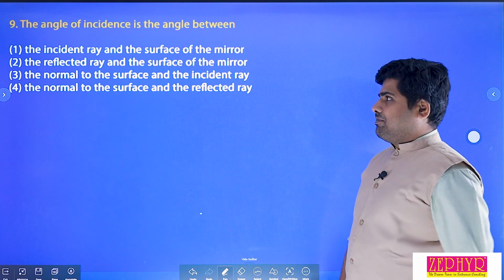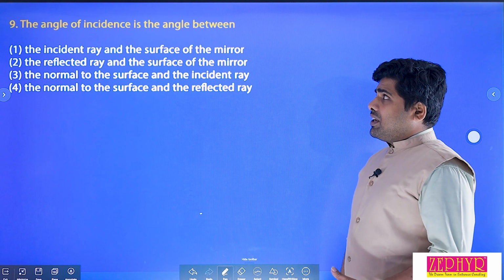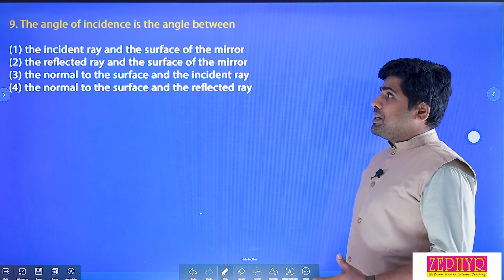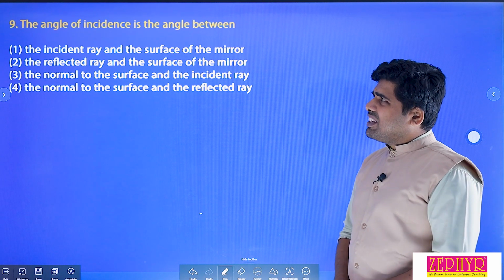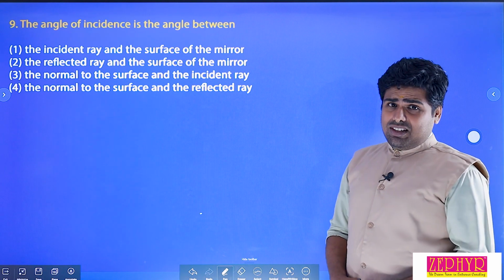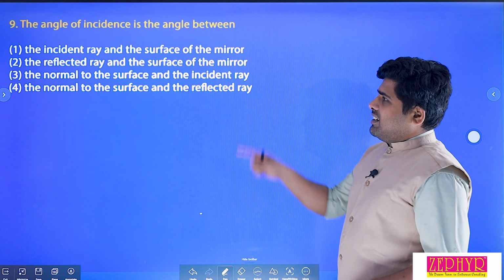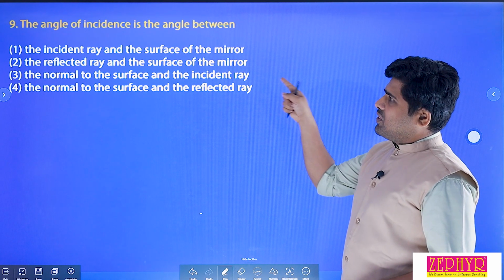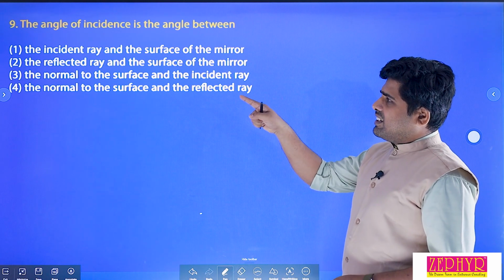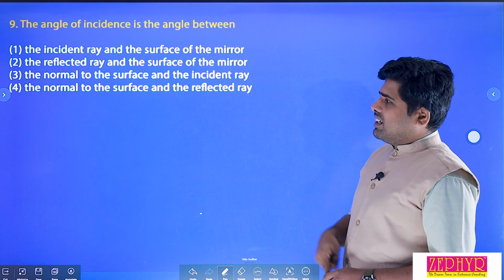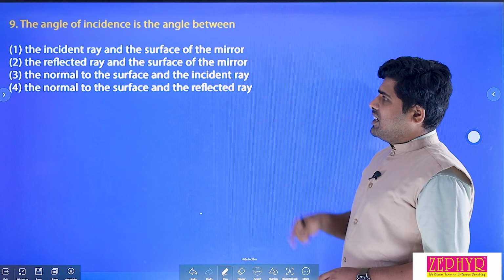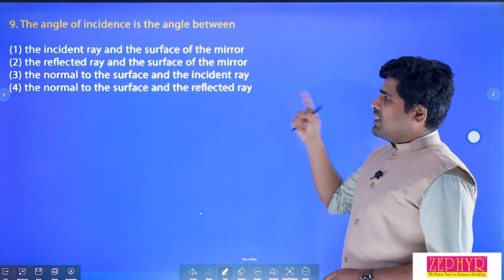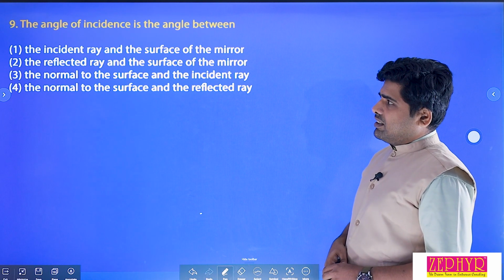Question number 9. The angle of incidence is the angle between. The options are: the incident ray and the surface of the mirror, the reflected ray and the surface of the mirror, the normal to the surface and the incident ray, the normal to the surface and the reflected ray.